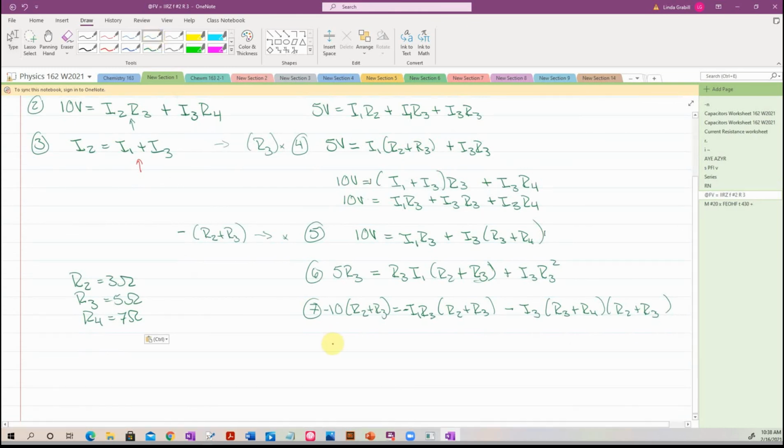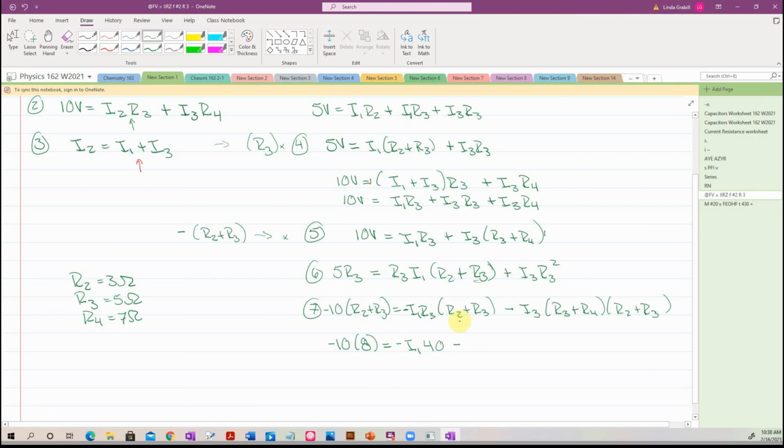Now I think we've accomplished as much as we can with this. So I have negative 10, R2 plus R3, well that's 3 plus 5, so times 8, equals negative I1 times R3, which is 5. Let's see, R2 plus R3 is 8 times 5, so that's 40.